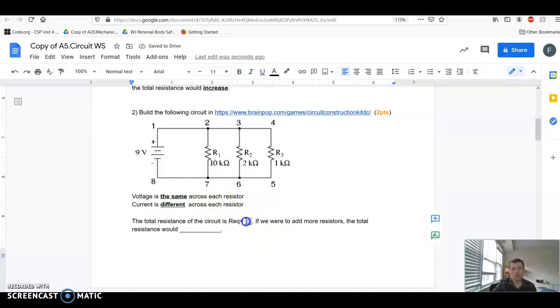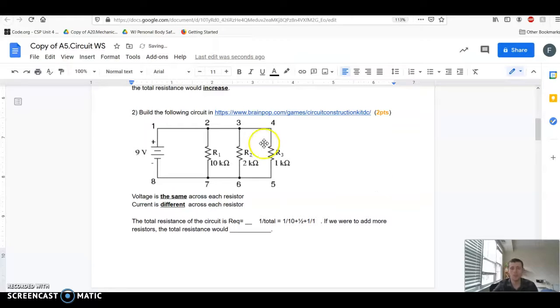Now, how could you find the total resistance of this circuit? Well, it's not going to be adding these up. In fact, the equation for it is rather tricky. Instead of finding the total resistance, what the equation tells you to find is 1 over the total resistance. And 1 over the total resistance equals 1 over each of the components summed together. So 1 over 10 plus 1 over 2, plus 1 over 1.